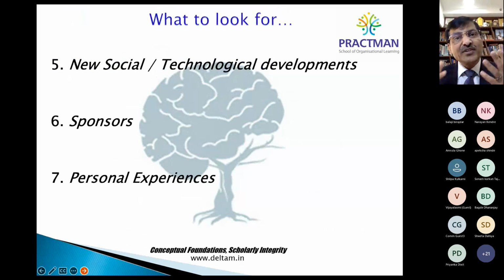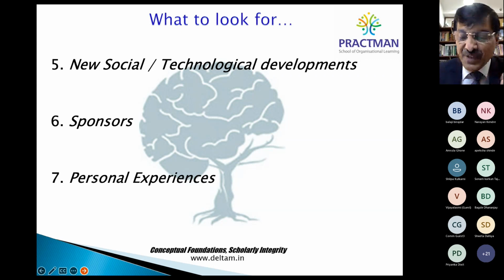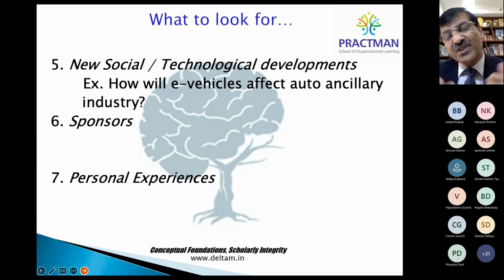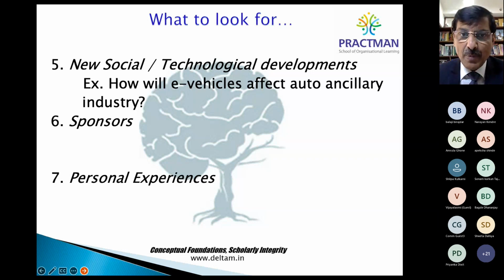Then there are three more possibilities for identifying a broad area of research. Some new development takes place at the social level, or maybe some technological developments take place, which result in some research opportunities. Of late, in the last 3-4 years, there's a lot of talk about e-vehicles, e-cars, e-scooters.